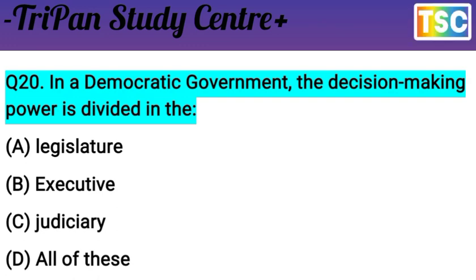Reason being here, which is most important from the exam point of view: in a democratic government, the decision-making power is divided into three separate organs. They are legislature, executive, and judiciary. It means all of these is the correct answer. That's important from the exam point of view.